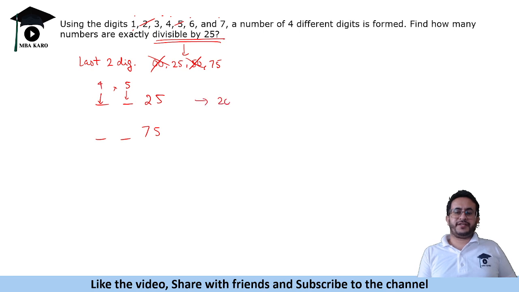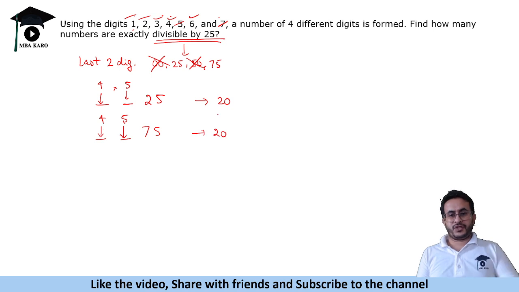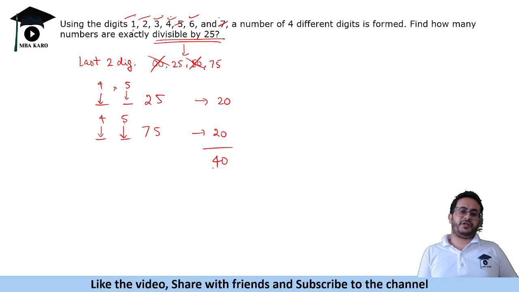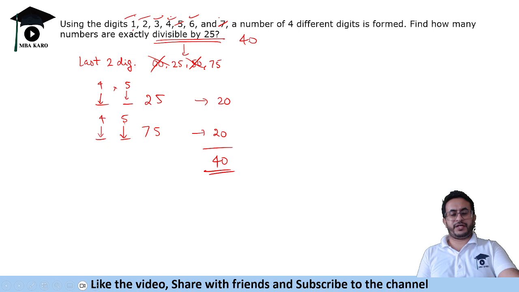So we have 20 ways. Similarly, here we have 5 ways to select this digit, because 7 and 5 are selected. So 5 choices for this digit and 4 choices for this digit. So total 20 ways of selecting. So 20 plus 20, we get 40 ways in which the number can be divisible by 25.